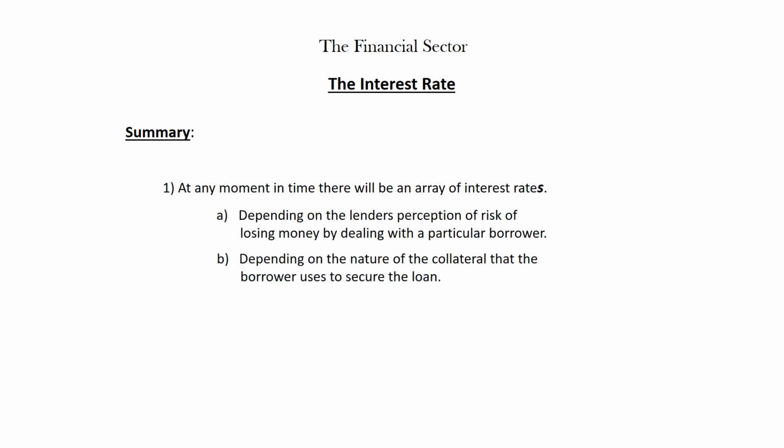Another reason is that the interest rate that a lender charges will depend upon the nature of the collateral that the borrower pledges to secure the loan. This explains why the interest charged on a home mortgage would be less than that for a car loan. Both of these variables affect the cost of default block that the lender charges.